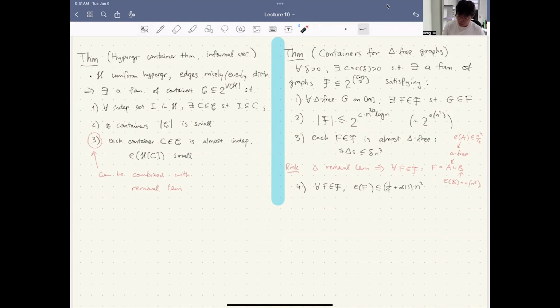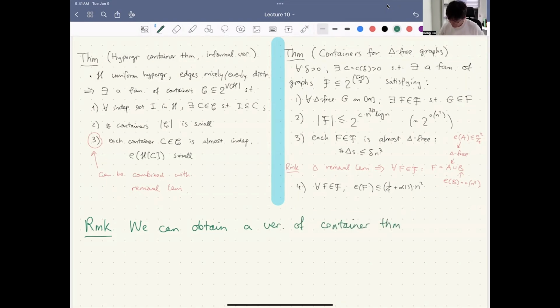This is a remark I want to make, from Szemerédi's regularity lemma.